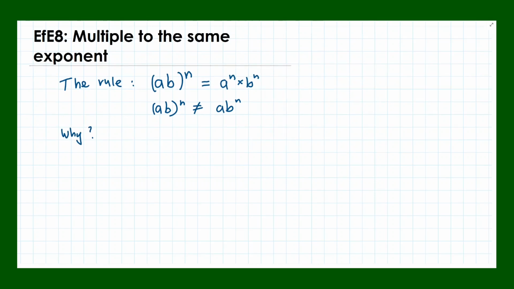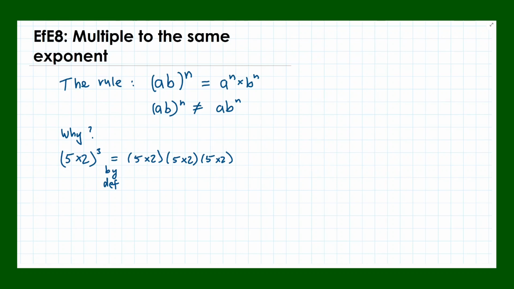Right, so let's look at why the rule works. So why is it true? Well, as always, let's start with number examples and see why it works in a specific case. We can just break down the definition of the exponent. What does it mean to raise something to the third power? Well, that just means multiplying that same thing, in this case 5 times 2, by itself 3 times.